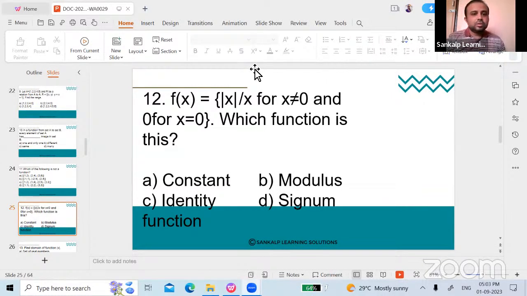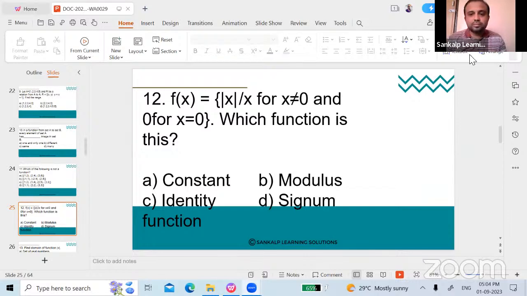Okay. So students, in the last class, we have already started with the functions.